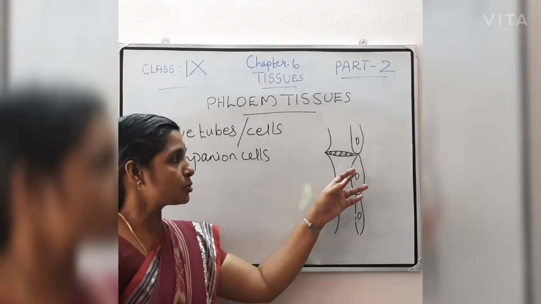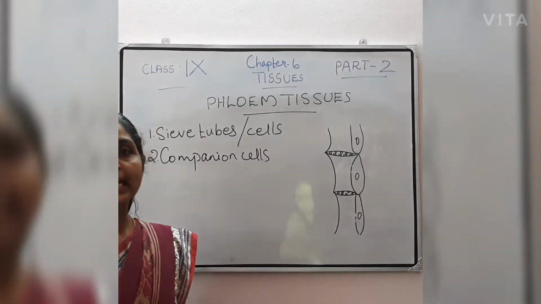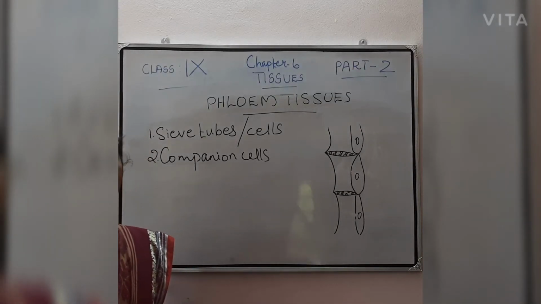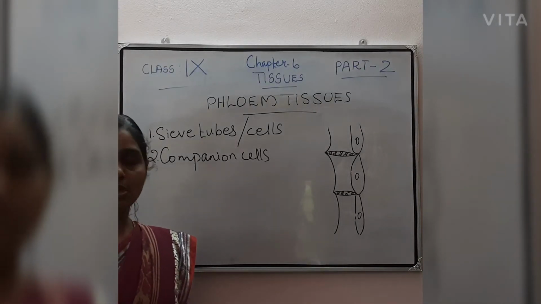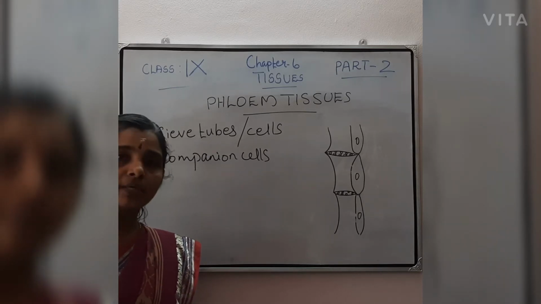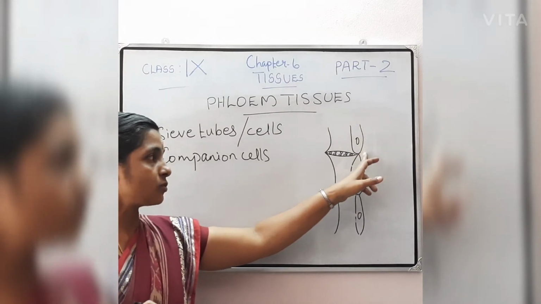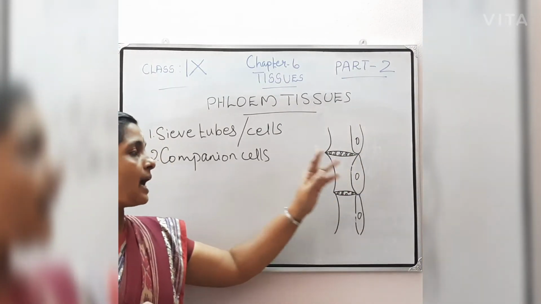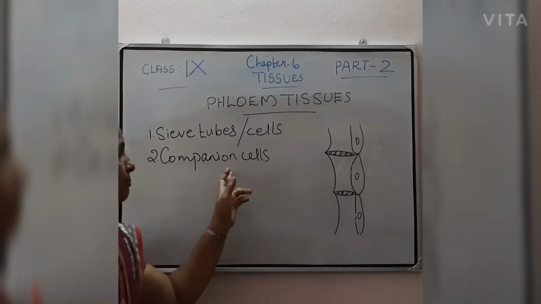And adjacent to these sieve tubes, many companion cells are also present. These companion cells are also long with tapering ends, with a nucleus. The wall of these cells is very thin. And what is the function of these companion cells?